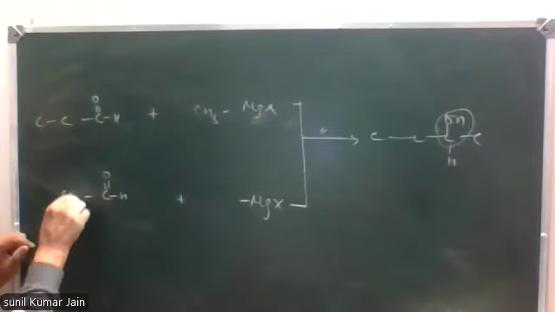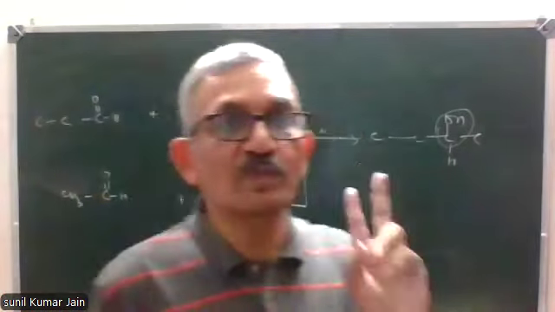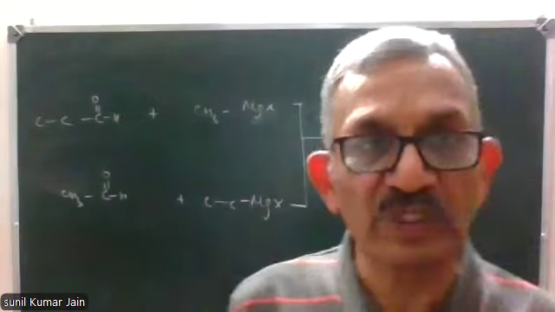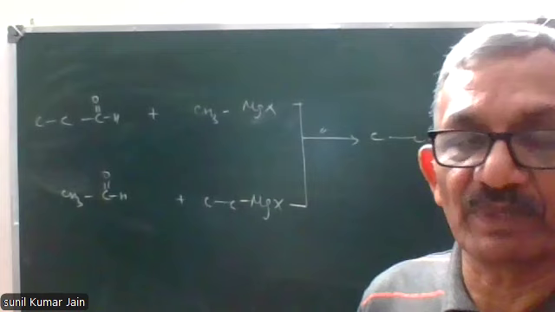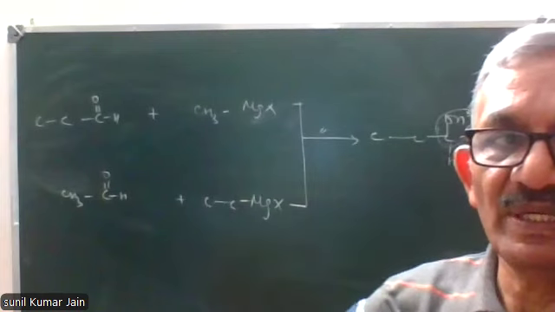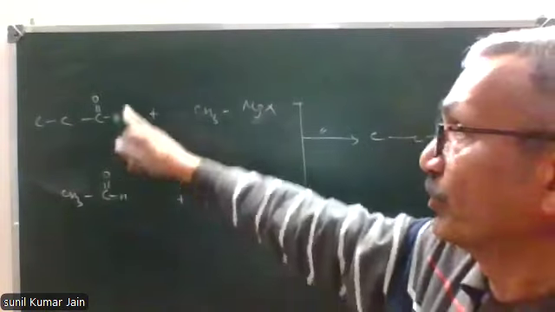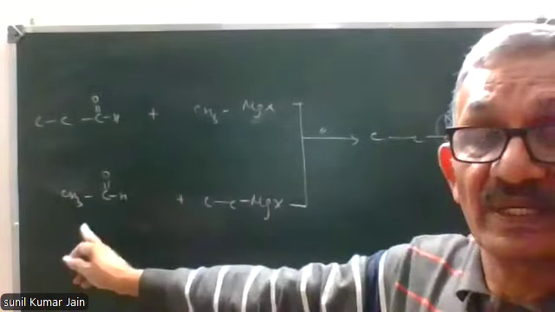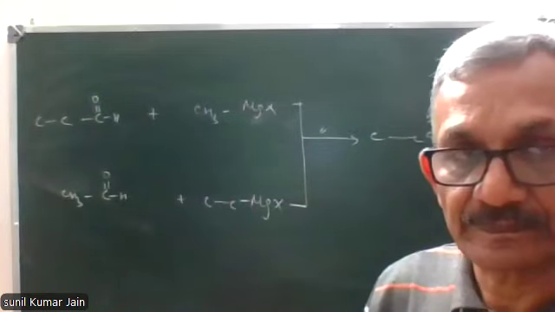So these are two possible answers. Both answers are correct. Moreover, according to the table, to prepare a secondary alcohol, in both the answers we have used an aldehyde other than formaldehyde.